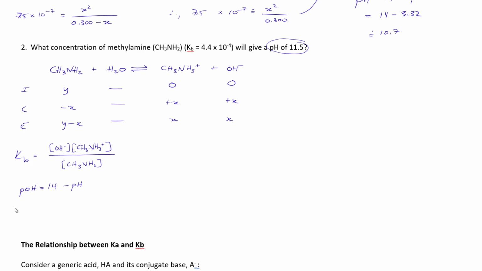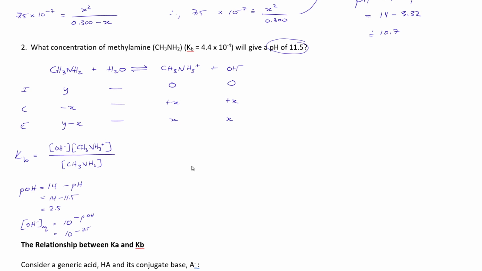So the pOH will be 14 minus 11.5, which is equal to 2.5. Once I have the pOH, I can find the equilibrium concentration of OH by doing 10 to the negative pOH. So 10 to the negative 2.5.